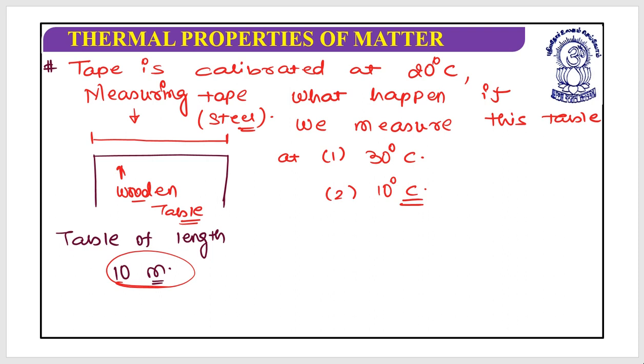One thing is for sure, the length of the table is not going to change because it is a wooden table. But this measuring tape which is made of steel is going to change, and when it changes, it will introduce a certain error in its measuring capability. I want to analyze that only. Is it clear what I want?